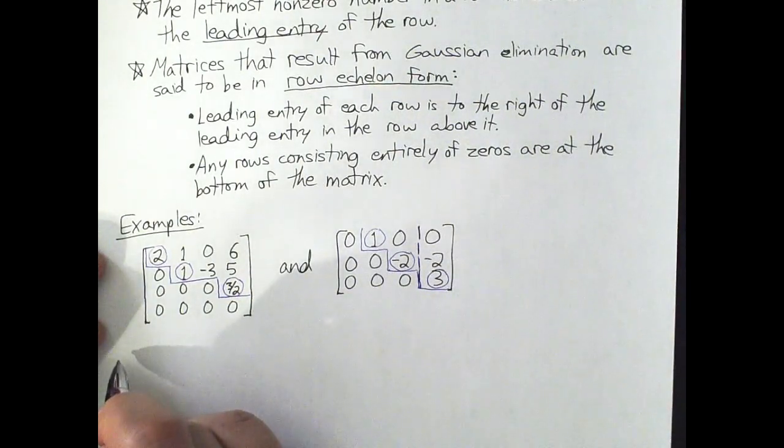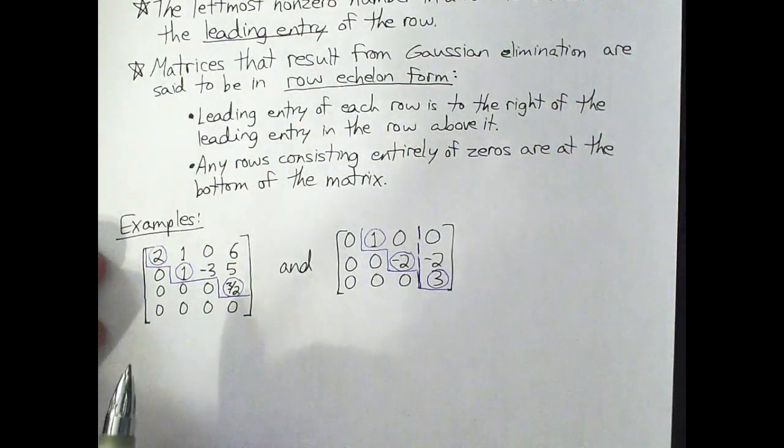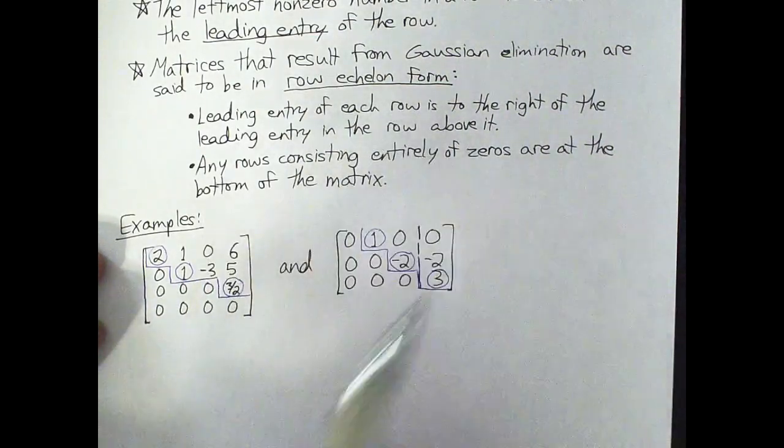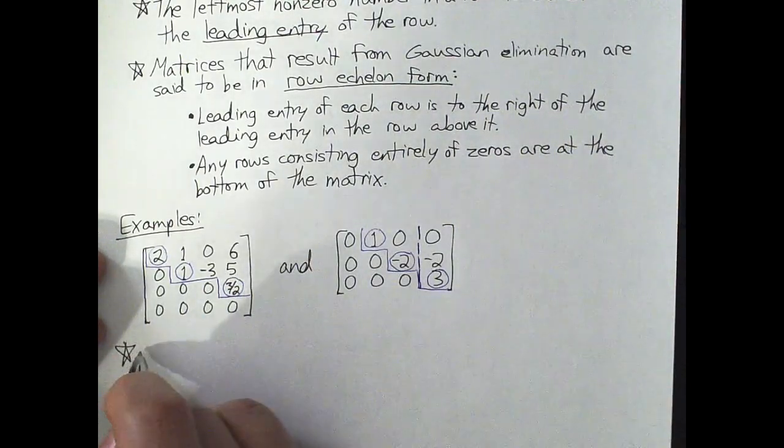Now, the title of this section said echelon forms, plural. There was an S at the end of that. Echelon forms. And we saw this is row echelon form, but there's another one to talk about as well.